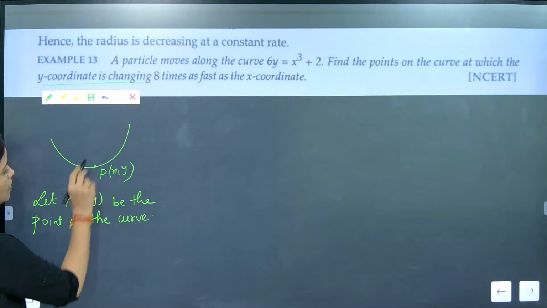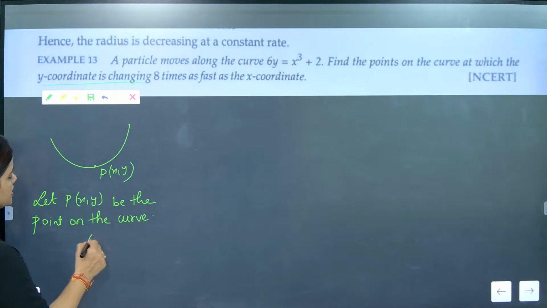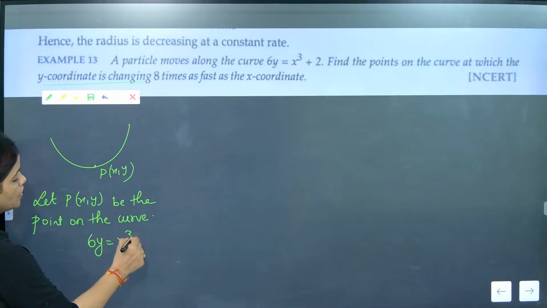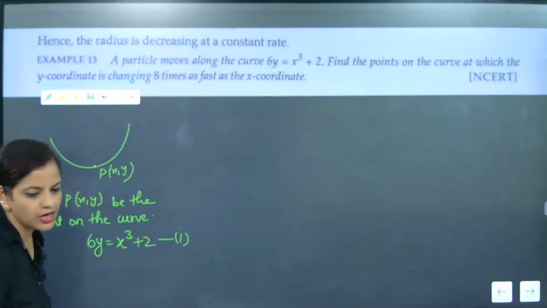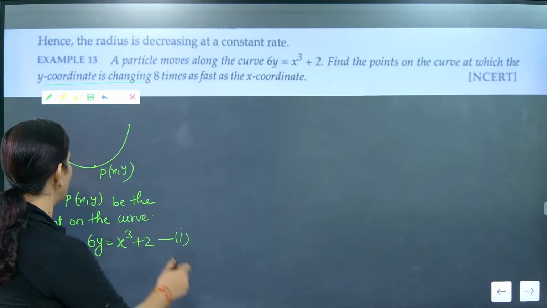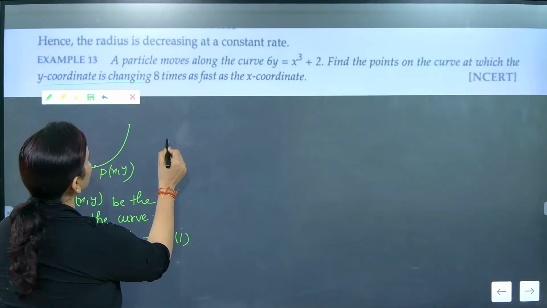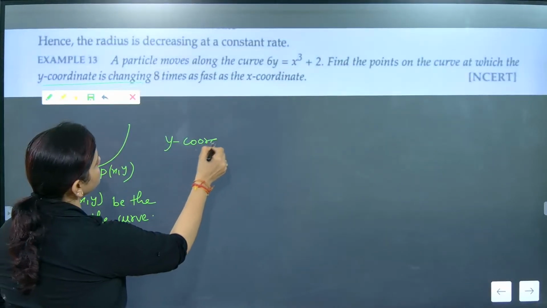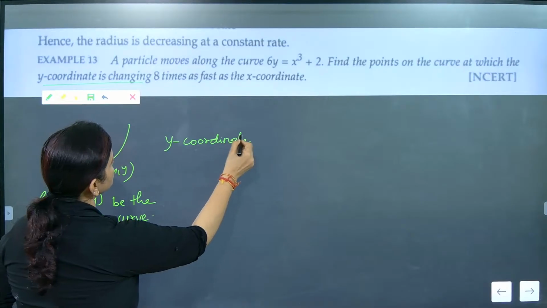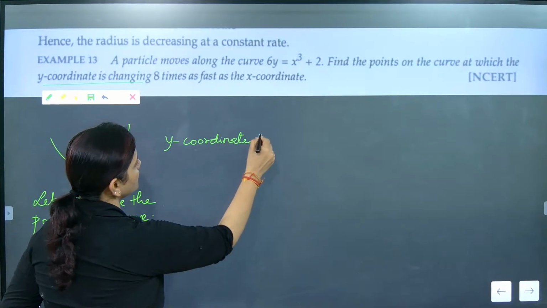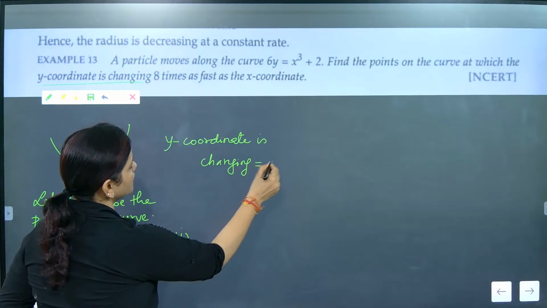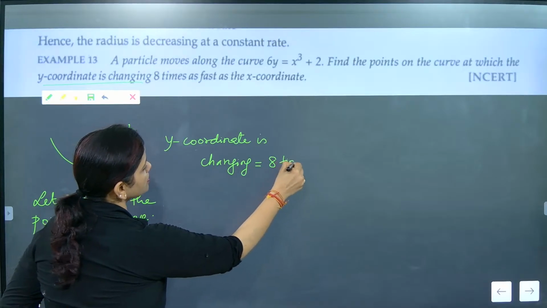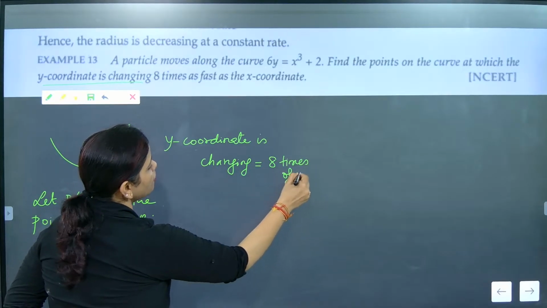Our equation is given as 6y is equal to x cube plus 2. This we will take as equation 1. Done? Till here we have done 6y is equal to x cube plus 2. Now what is given to you? The y coordinate is changing 8 times the x coordinate.